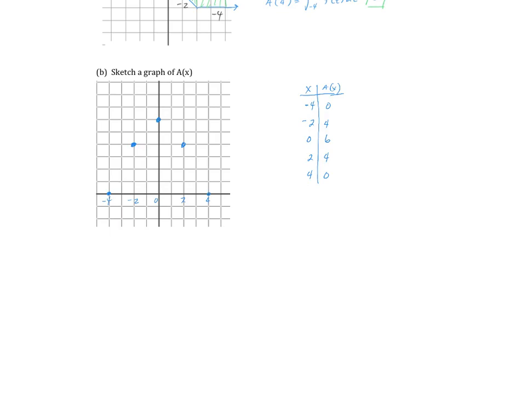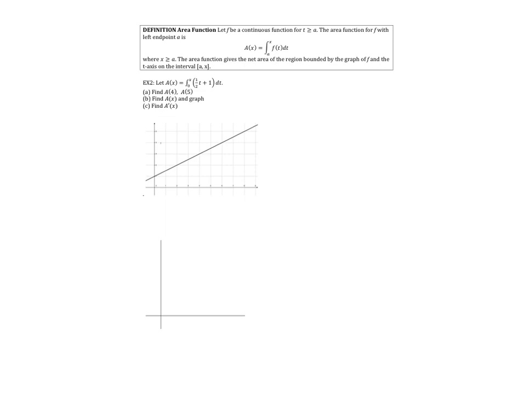So if I was going to graph this area function, it kind of looks like a parabola. Okay, so we define this area function, which turns out just to be our integral, and it's net area. Let's look at an application of this area function.